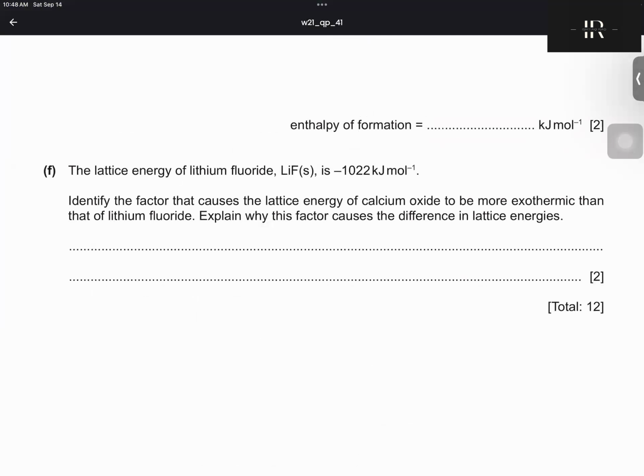Can you tell me this part F? Yes, Tala. I'm waiting for you.